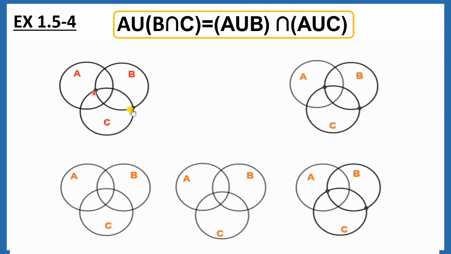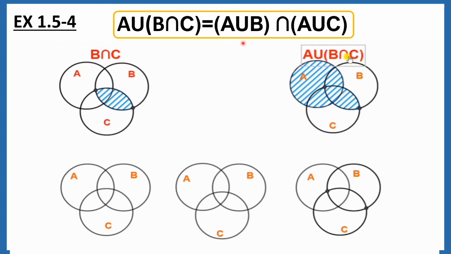See here, these 2 circles intersect at these 2 points. Shade this region. Next, A union B intersection C. We have to combine this B intersection C with the set A. See here, you have to shade this portion A extra.